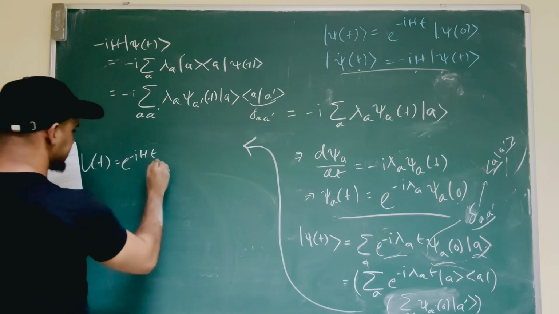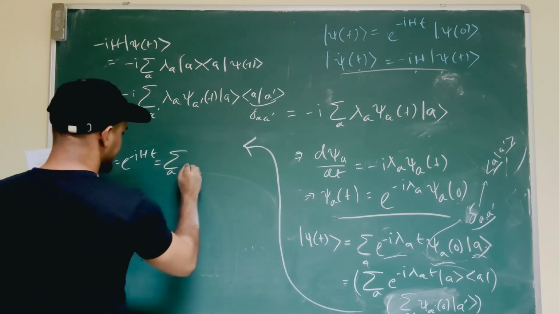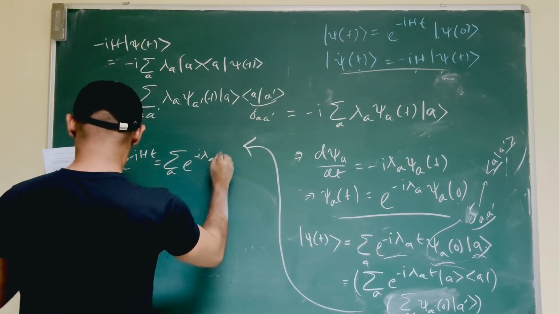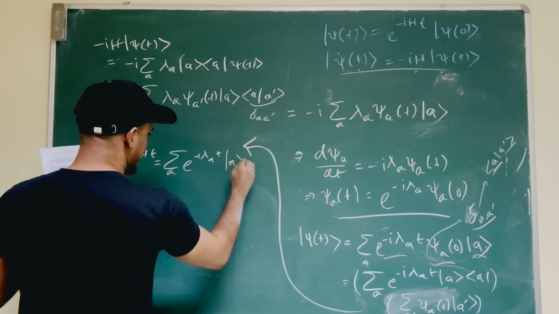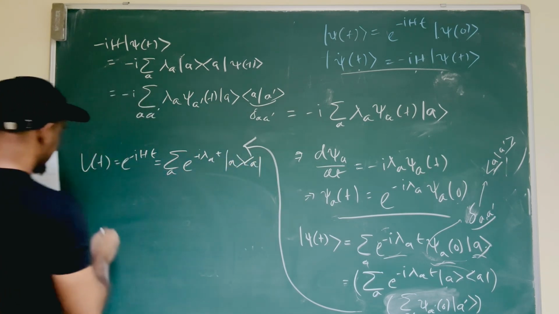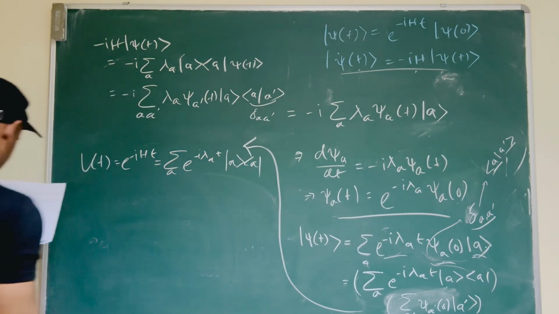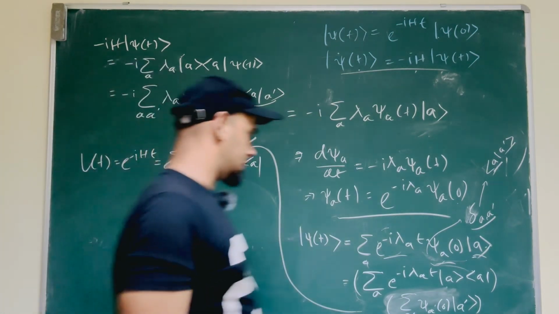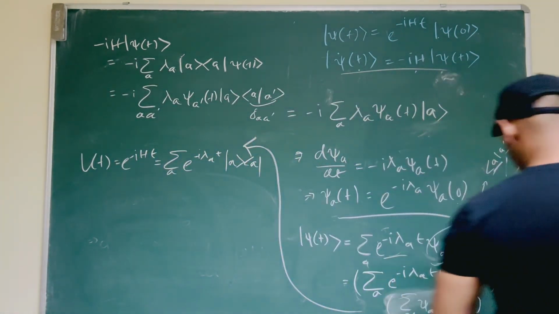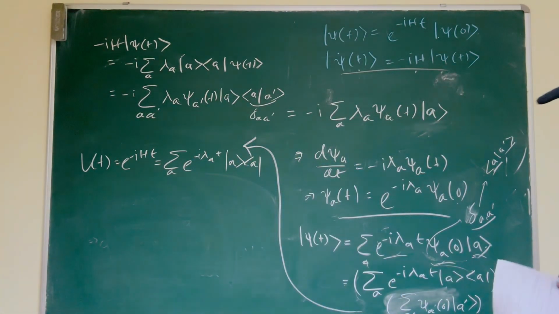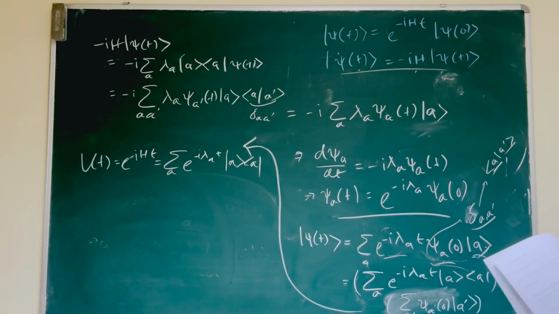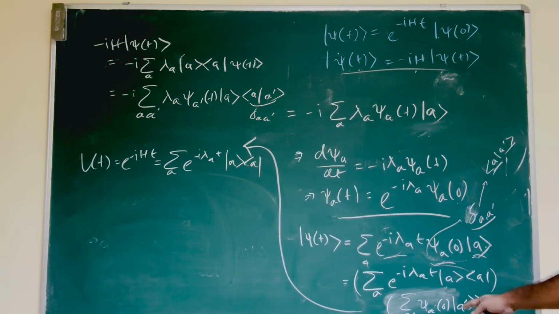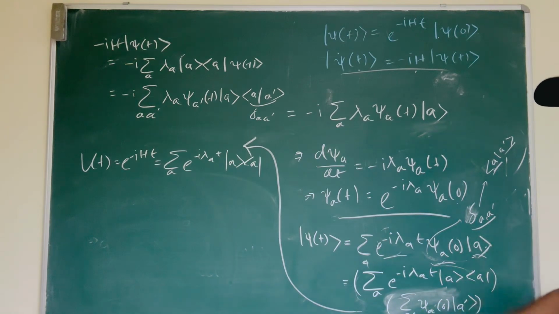With the spectral decomposition, it was the summation over A of e to the power minus i lambda A t |A><A|. And what was this part? That was just a representation of psi 0 in the basis of our Hamiltonian.